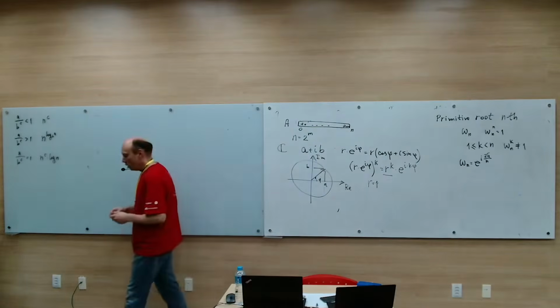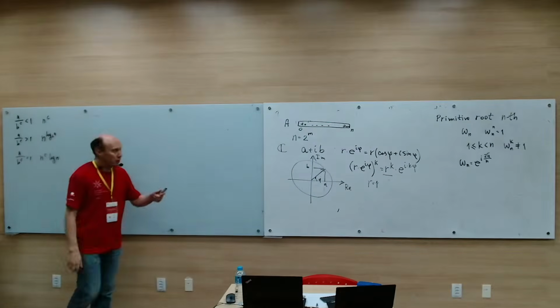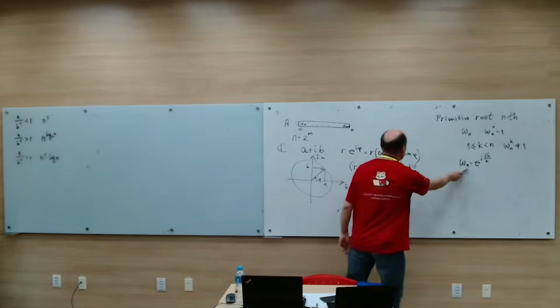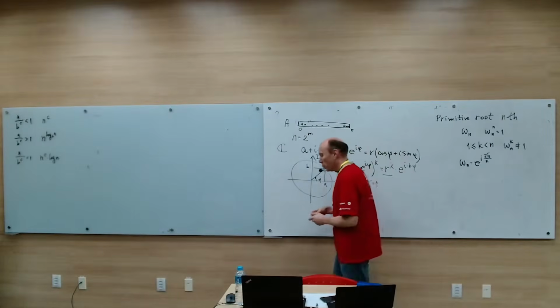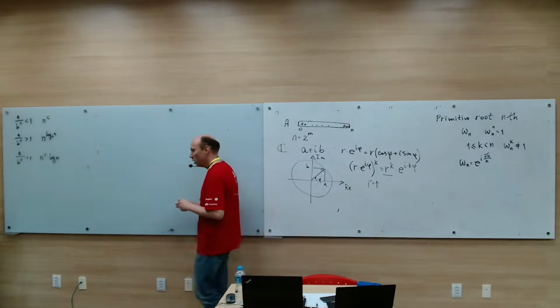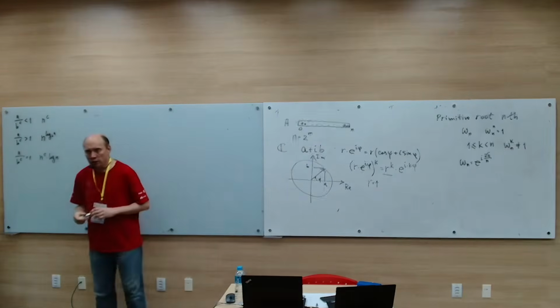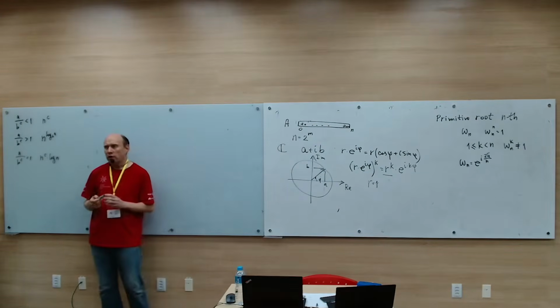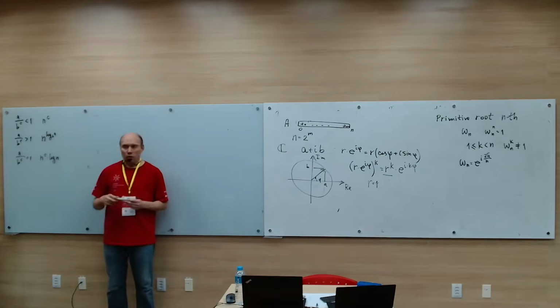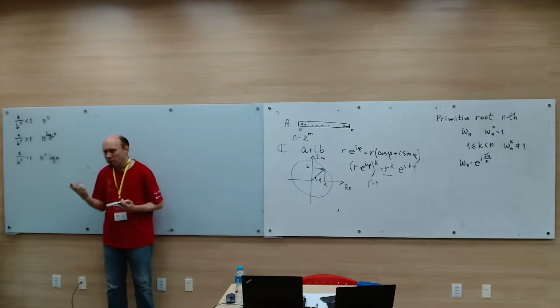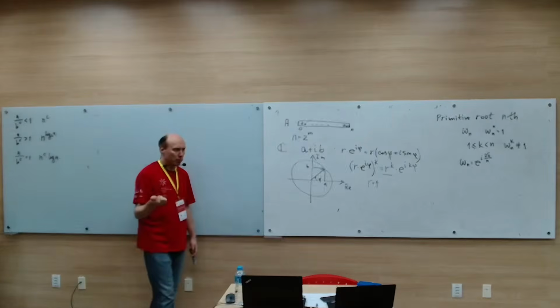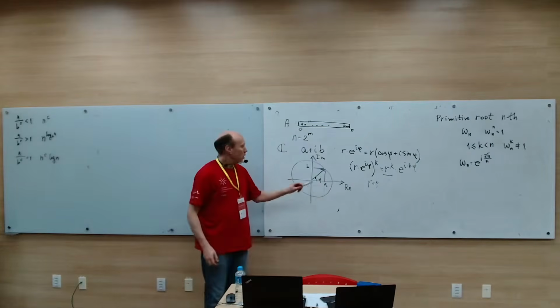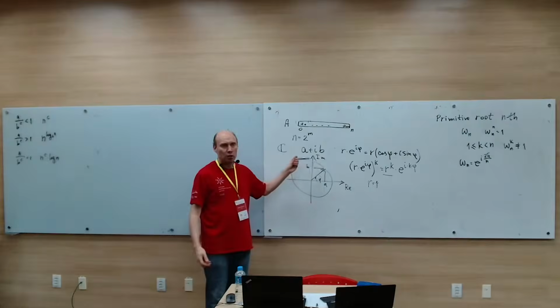That is why we need complex numbers here. For real numbers, we don't have primitive roots of unity other than of power 1, which is 1, and power 2, which is minus 1. For power 4, for example, it's already i, which is not real.